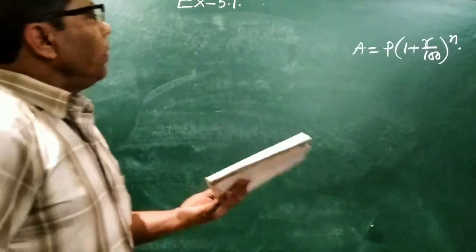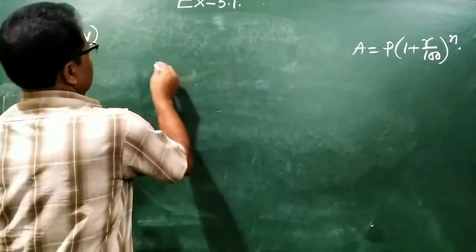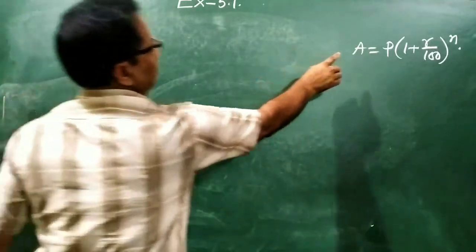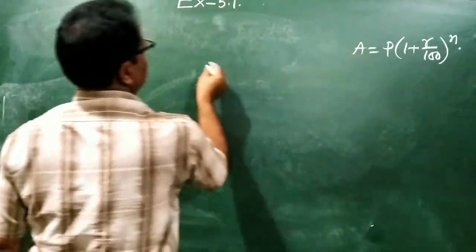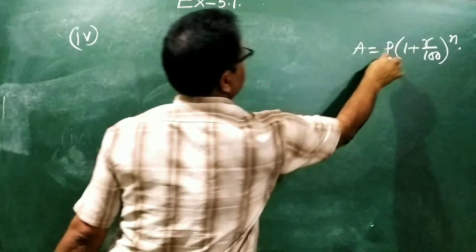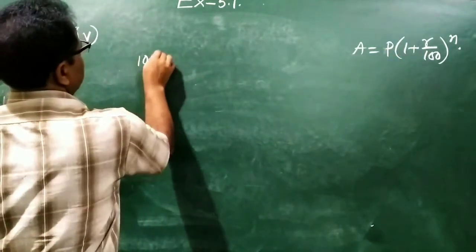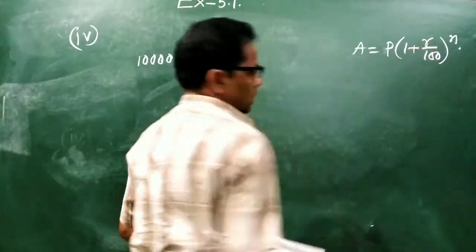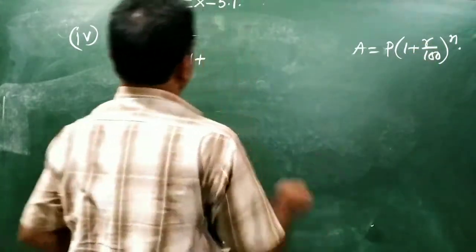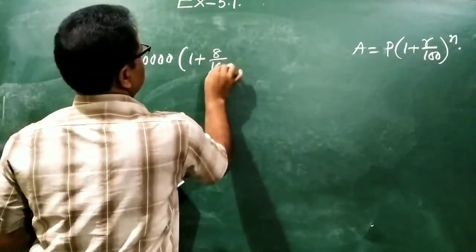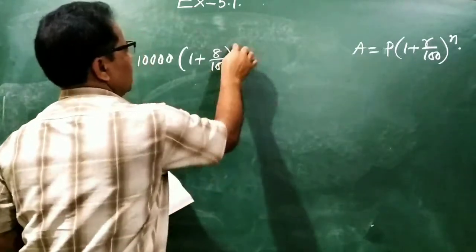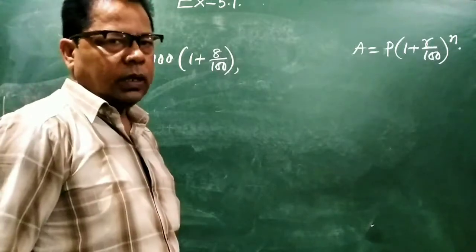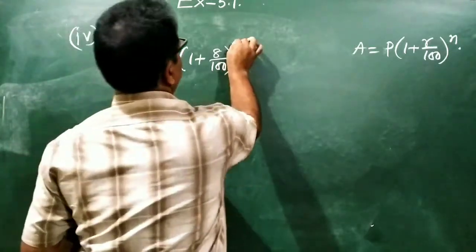So the amount for the first year: principal is 10,000 rupees, into (1 plus 8 by 100) to the power n. For the first year the power is 1.